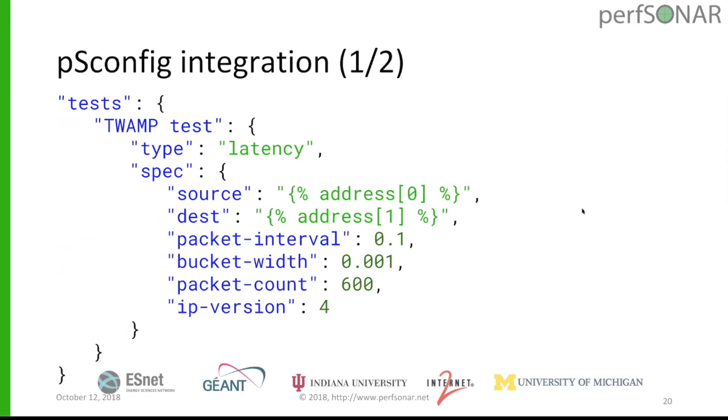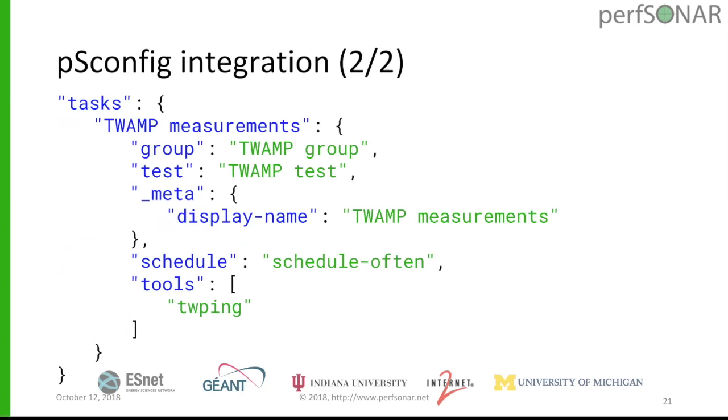And then you can add additional parameters which will refine and specialize the TWAMP sessions that you want to run. So you define this block in your pSConfig for the test, and then you use this test in a task block.